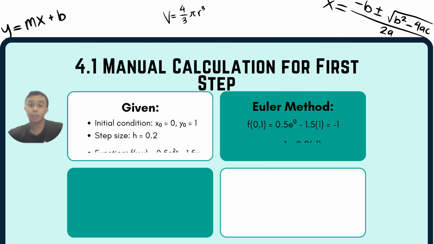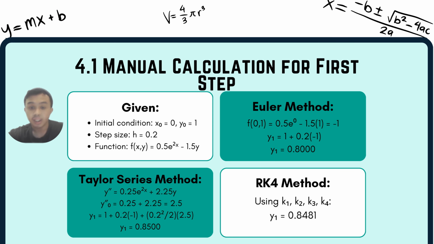Move to the manual calculation for the first step. So, the initial condition is x0 equals 0 and y0 equals 1. The step size is h equals 0.2 and the function used is f(x, y) = 0.5 e^(2x) minus 1.5 y.